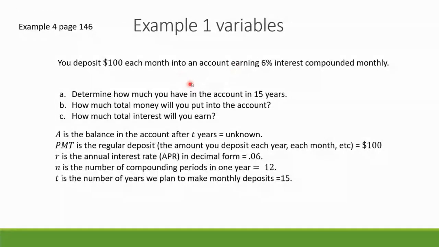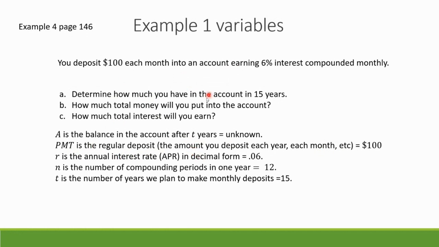So now we're going to use this formula. Here what I'm doing is figuring out what the variables are. Notice we want to know the total balance 15 years later, so A is basically what we're looking for. That's the unknown. PMT is the regular deposit, how much you're putting into the account each month. That's $100.